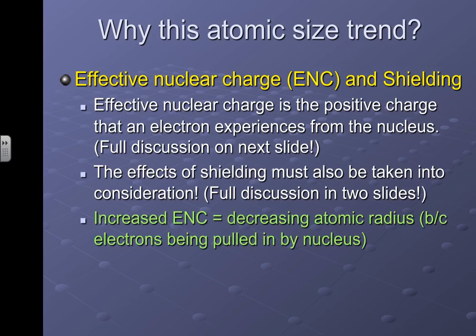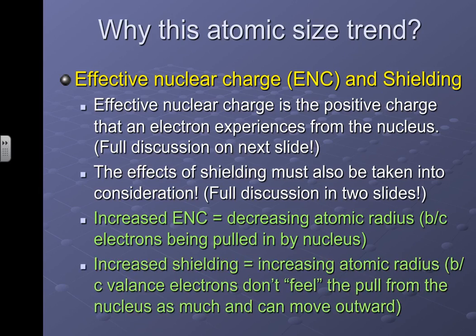All right. So increased ENC, meaning more effective nuclear charge, will end up decreasing your atomic radius. And that's because, as you see in the parentheses, electrons are being pulled in more strongly by the nucleus. If you increase shielding, you will be increasing the atomic radius.